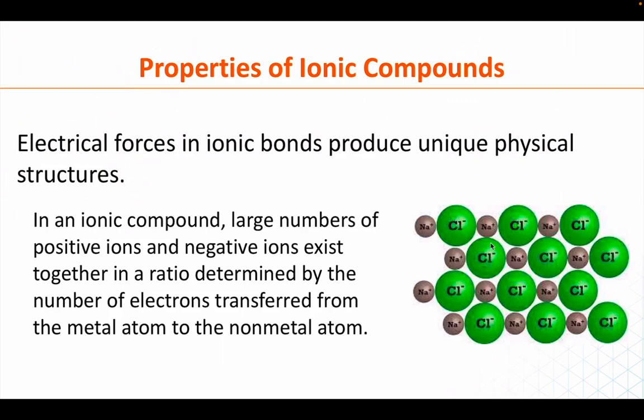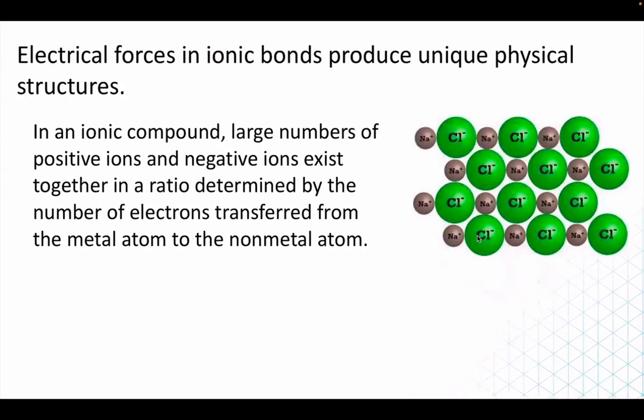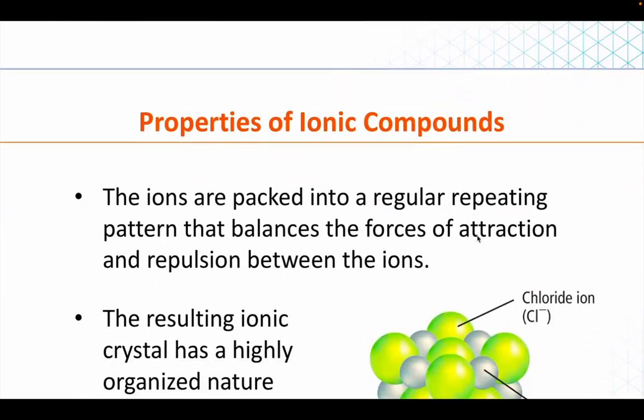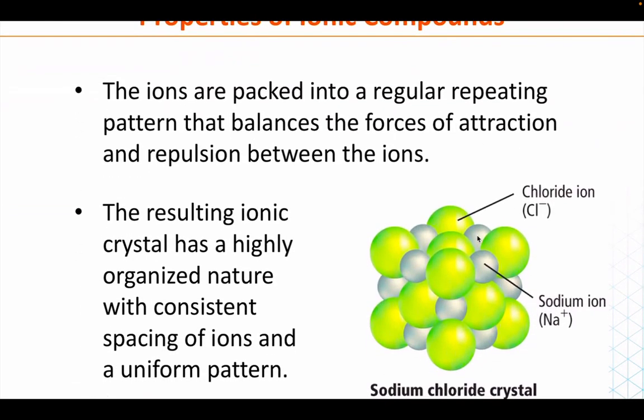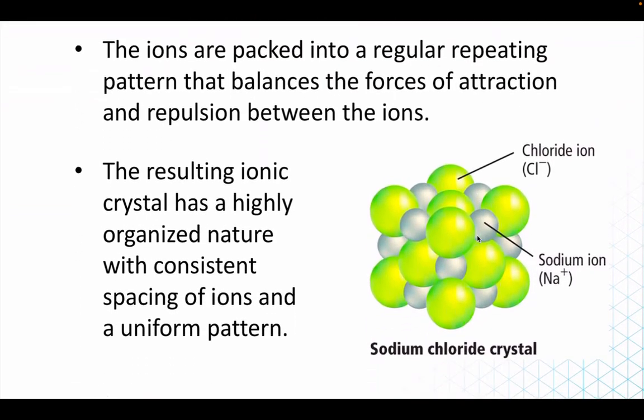So the ions in an ionic compound, when it's a solid, are held really closely in place by all the dimensions of the crystal. They're packed together in this repeating pattern, and it kind of balances out the forces of attraction and the repulsion. So they always go positive, negative, positive, so that not all the positives or the negatives are together.